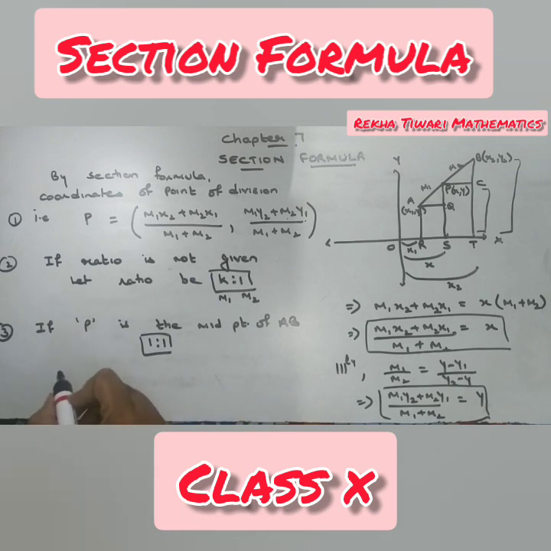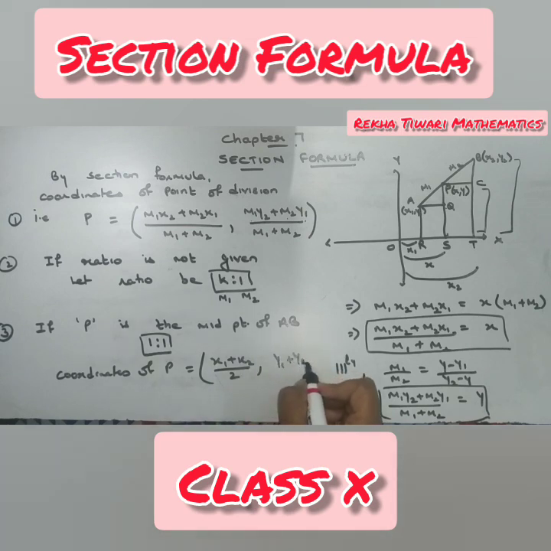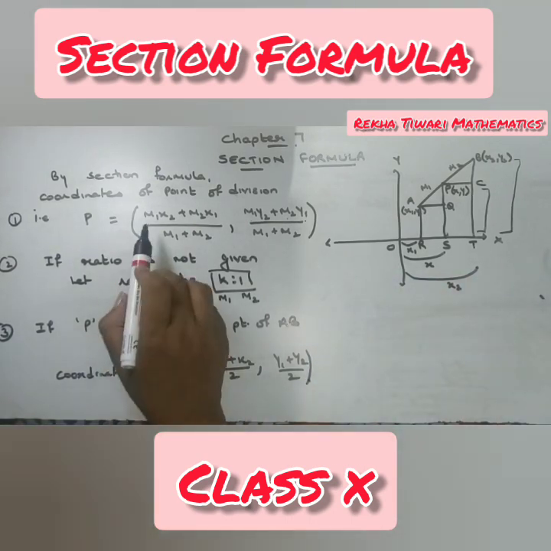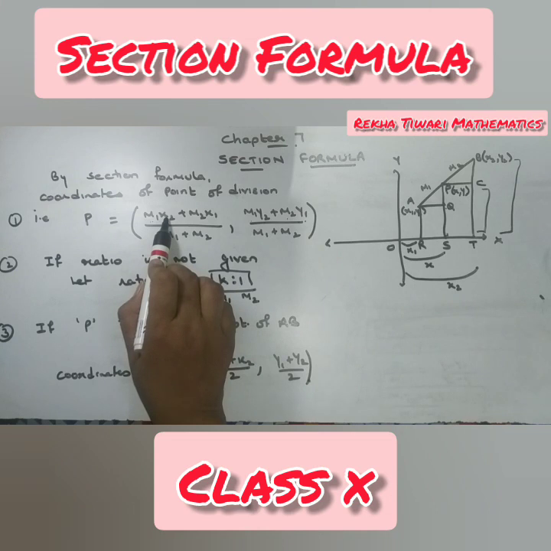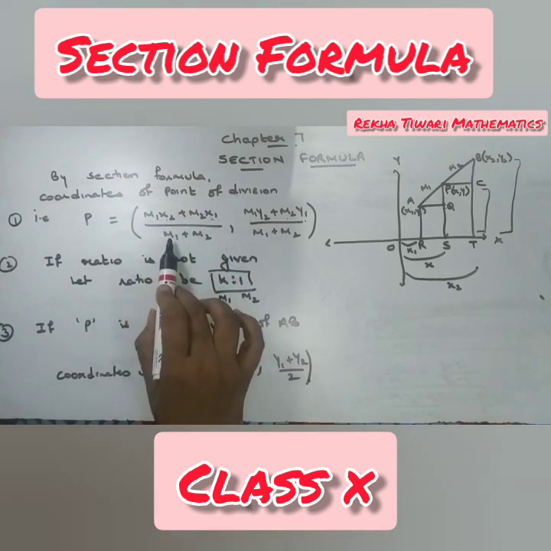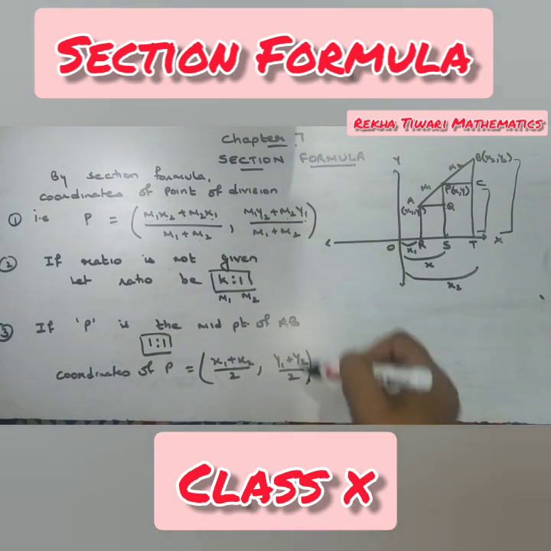In that case, the coordinates of P are x1 plus x2 by 2 and y1 plus y2 by 2. No changes. See, I am using the same formula here also. m1, m2 are 1, so 1 into x2 is x2, 1 into x1 is x1. So x1 plus x2 upon 1 plus 1, that is 2. Again, y1 plus y2 upon 2.